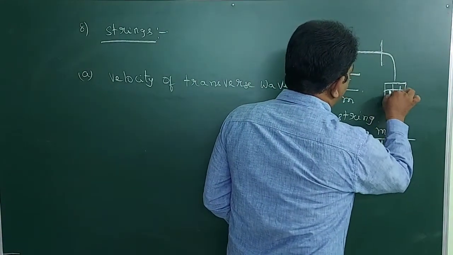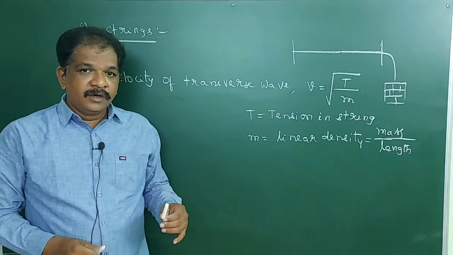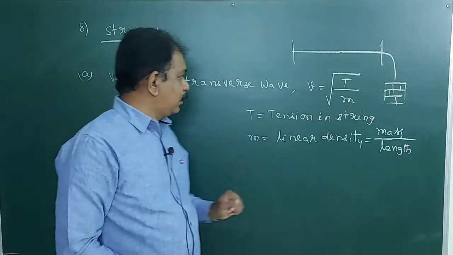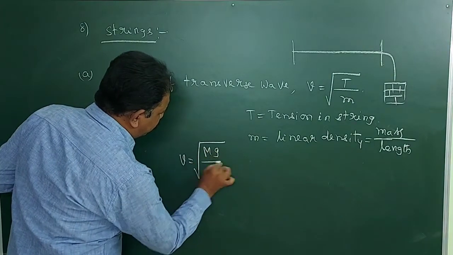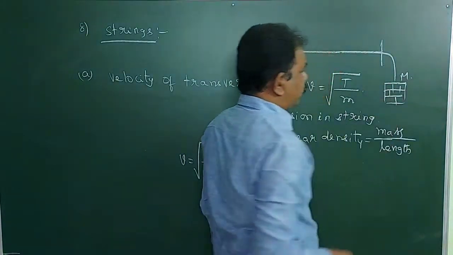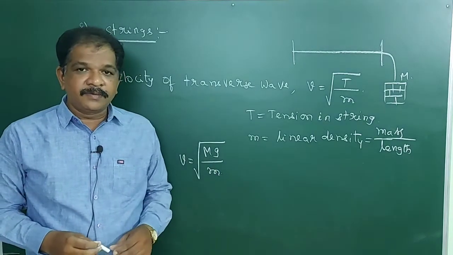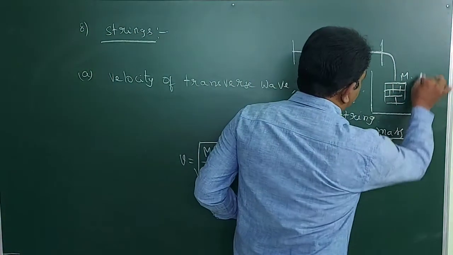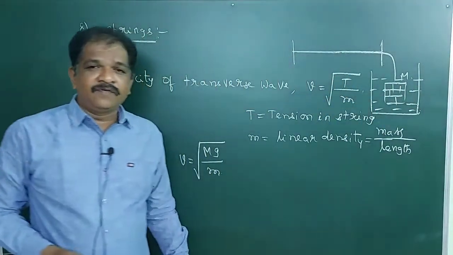Because of this load, tension is created in that string. If the load is in the air, tension will be equal to Mg, where capital M is the mass of this load. So weight of the load will be equal to tension. In the problems, they will give that the load is kept in the water, and ask to find the velocity of the transverse wave.